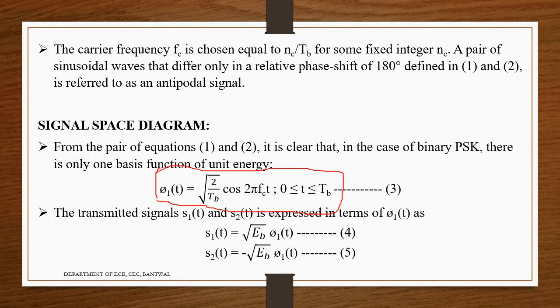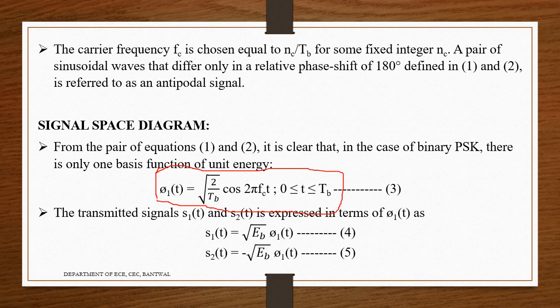When I multiply phi 1 of t with the square root of EB, it gives equation 4, square root of EB phi 1 of t, S1 of t, which means symbol 1. Now, if I multiply this phi 1 of t with the minus square root of EB, it tells us that symbol 0 has been transmitted.